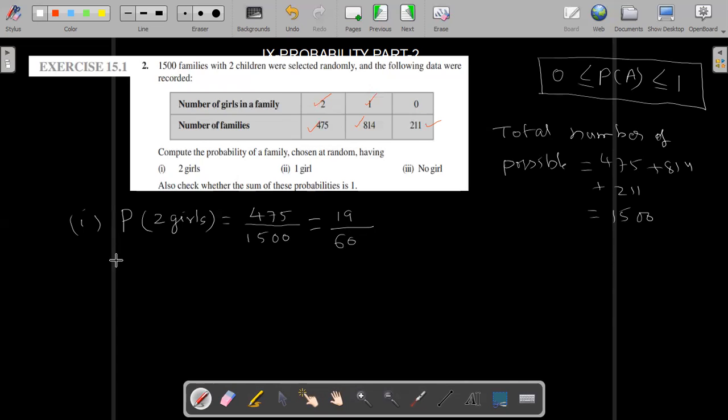Probability of 2 girls. Next, the number of families having 1 girl. So either you write only 1 girl, or you can write the probability of the families having 1 girl.